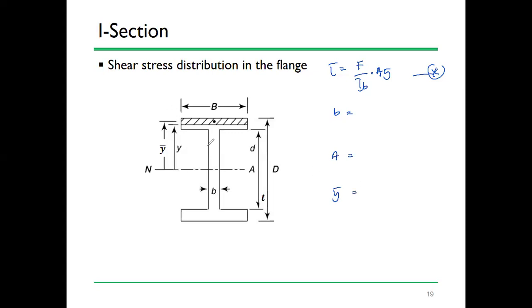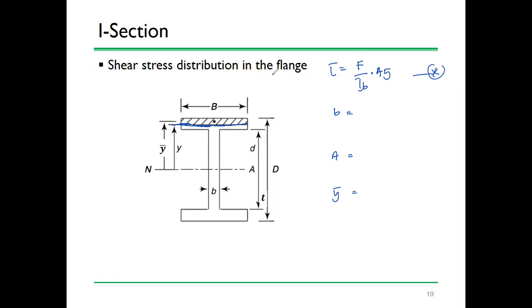So for this section, as I mentioned, we are looking for the stress here. This is where we want to calculate the shear stress. And the distance from the neutral axis to where we are calculating the shear stress, as we already know, is always y.